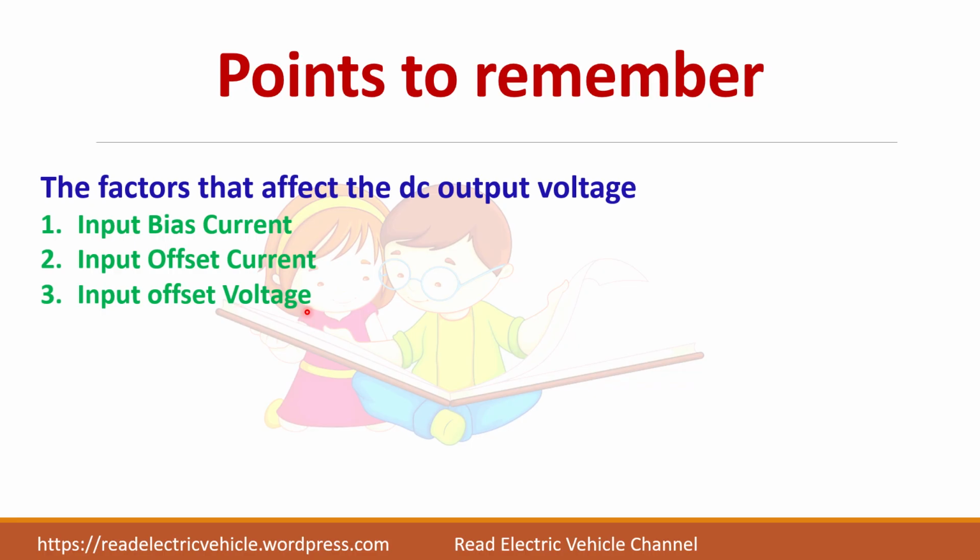Input offset voltage, and the total offset voltage, which is due to the bias current and the input offset voltage. Offset voltage means even though the input is 0, some output will be there. Next one is the thermal drift. Thermal drift means change in the op-amp parameters due to the change in temperature.